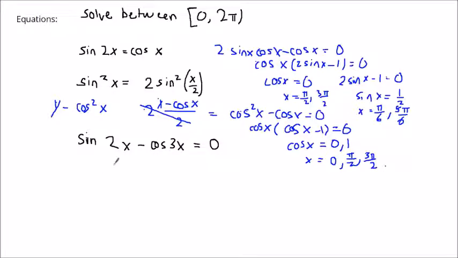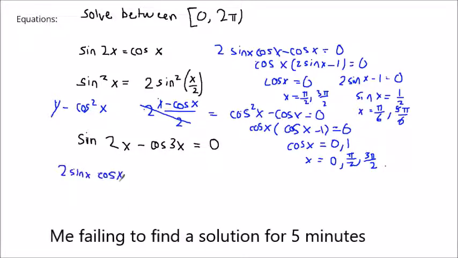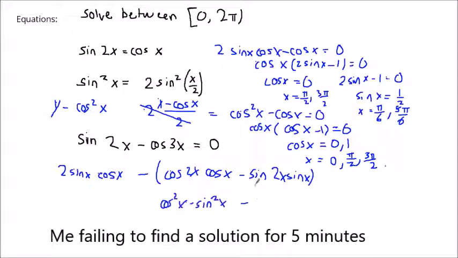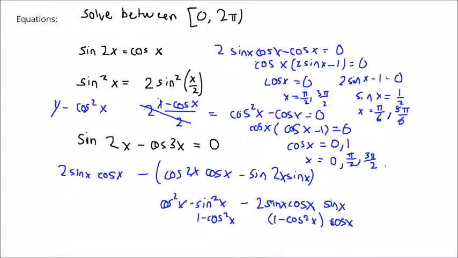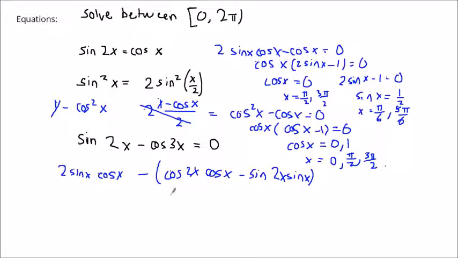That's correct. Next: sine of 2x minus cosine of 3x equals 0. If I think about it right now, it's probably best to group things now.